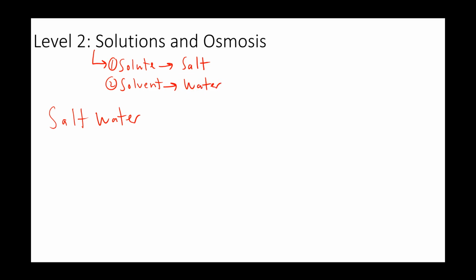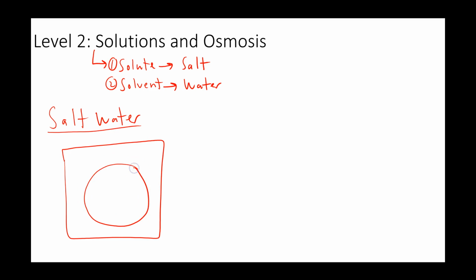It's always good to stick with water as an example for biological examples because, you know, cells are made of 70% water and it makes a good solvent. Okay, so let's take a look at salt water as a generic example. If you had a beaker or a cup of some kind and you made an artificial cell like we did in lab, let's say the cell is about this big, and I'm kind of assuming that the space inside this cell and outside here in the solution surrounding the cell is about the same volume.